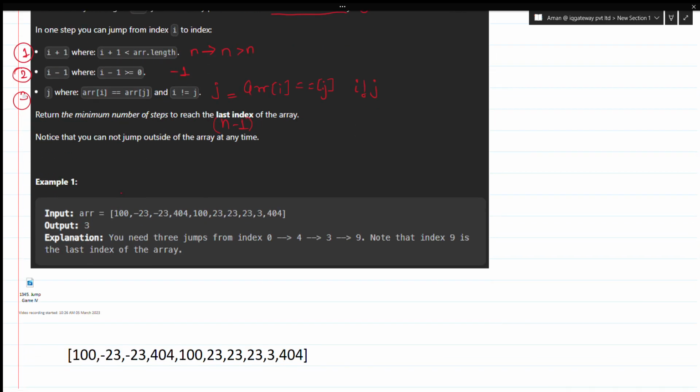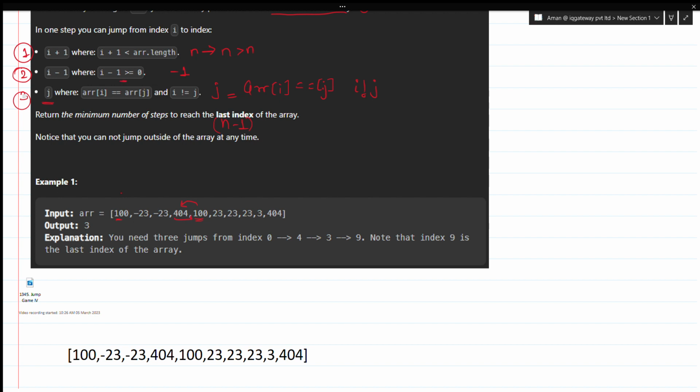So let's understand this example. The explanation says you need three jumps from 0 to 4. First I go to 100, to this 100, but this is the third kind of jump. So I go from 100 to 100, then I took the second jump, which is i minus 1.